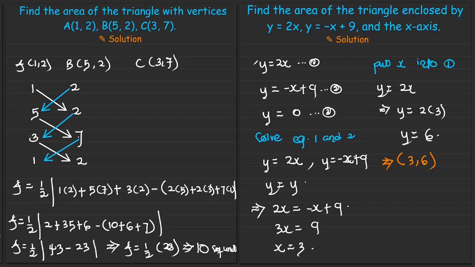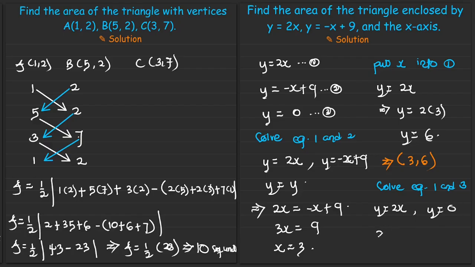Now let's determine where equation 1 and equation 3 meet. That is to say, we want where equation 1 touches the x-axis. To solve for equation 1 and 3, we have y equals 2x and y is equal to 0.